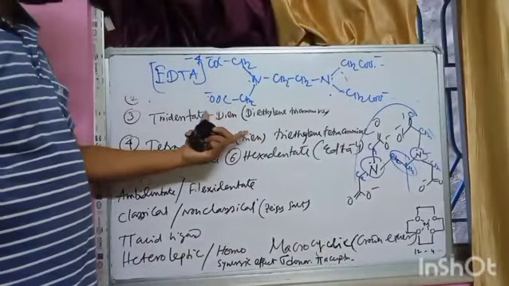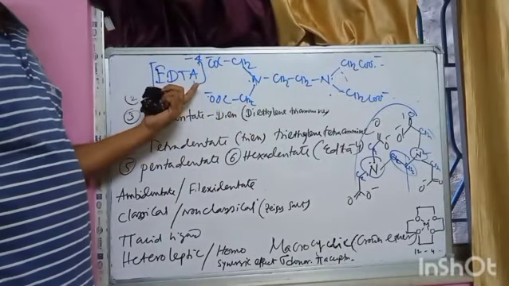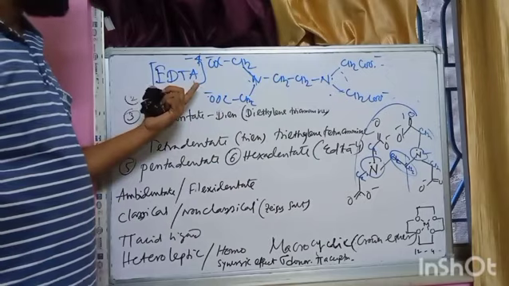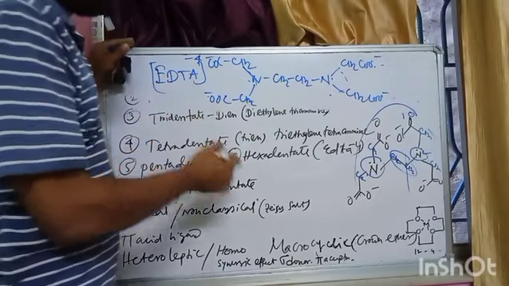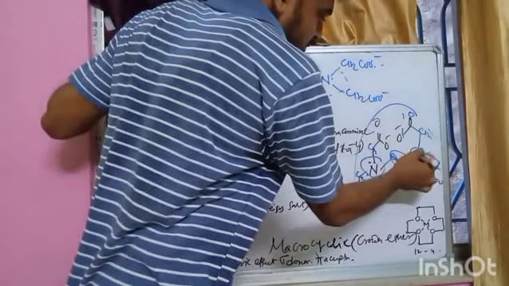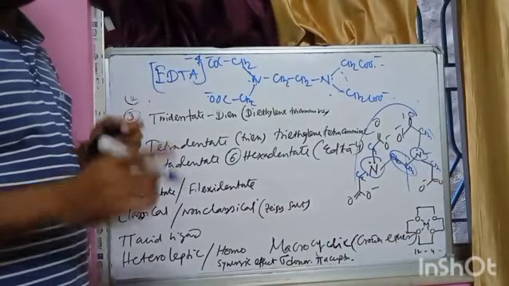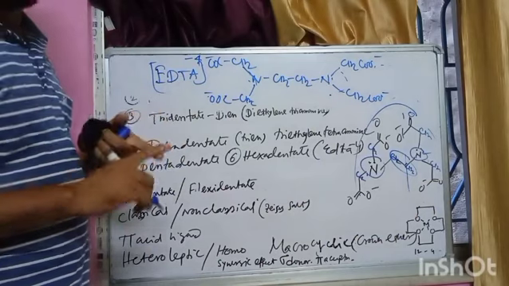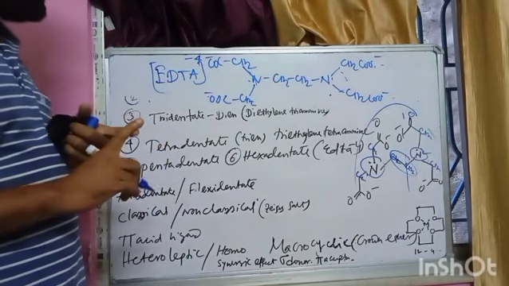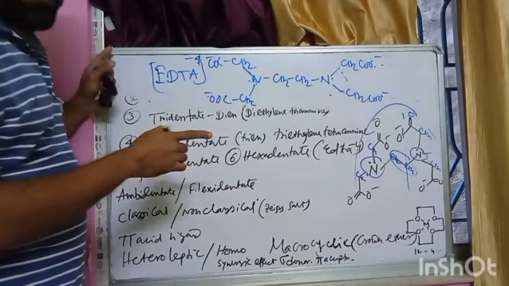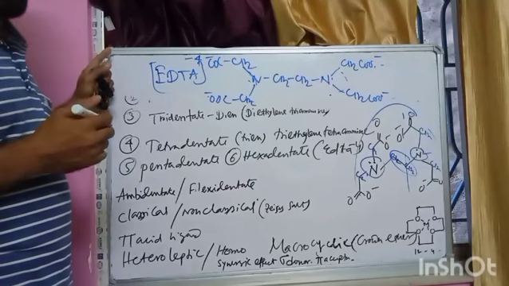So in EDTA the CH2COO minus groups number 4, and there are 2 neutral nitrogen donor centers and 4 negatively charged oxygen donor centers. The total number of donor centers to the metal atom is 6: 2 neutral and 4 anionic.